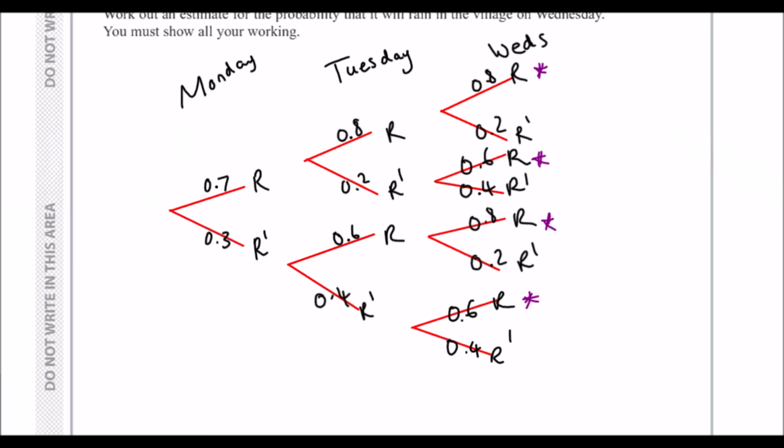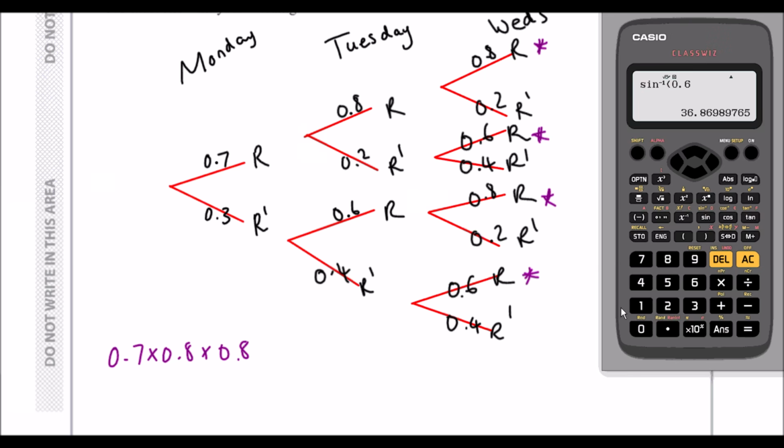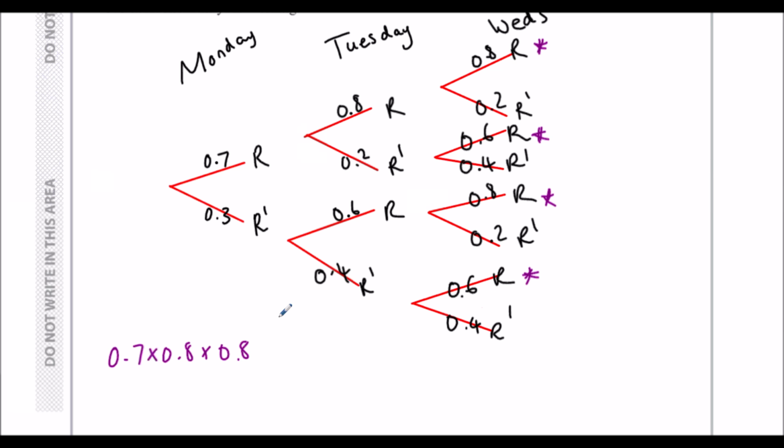So rain, rain, rain, 0.7 times 0.8 times 0.8. So rain, rain, rain is 56 over 125, or 0.448.